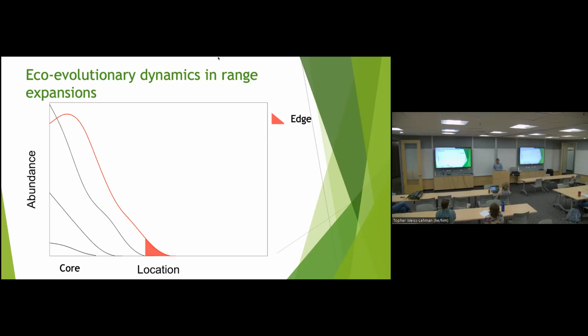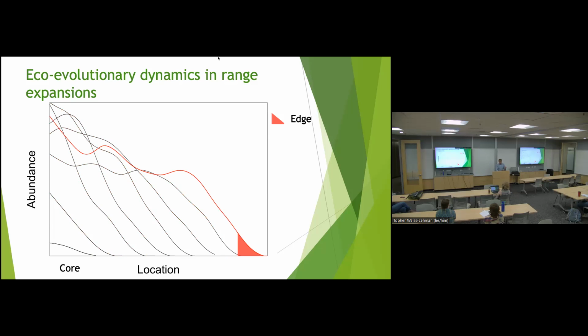The first is that this edge location stays at relatively low abundances, low densities through time. And so it's characterized by low population sizes. And each generation represents a new founding event where you're getting a new edge population that extends beyond what's currently in the range via dispersal. So those two aspects are going to really inform these evolutionary dynamics that can occur in range expansions.